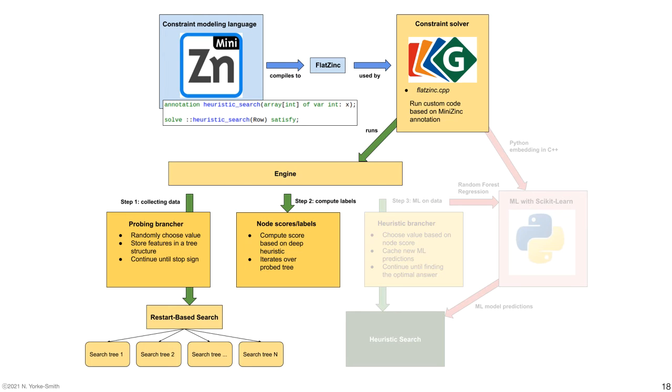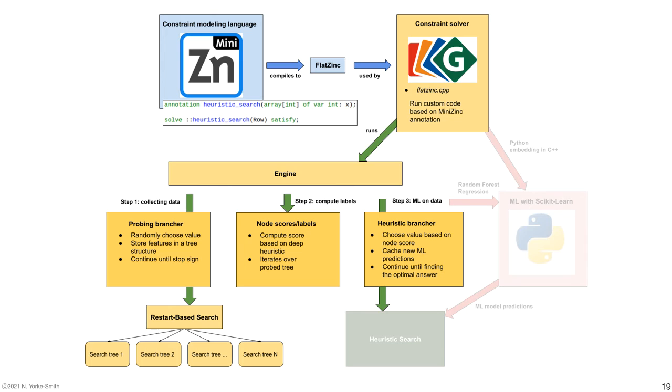Now, how do we do the deepification? Remember, we only know the deep heuristic score over the little bits of the search tree where we've done our probing. We're going to use machine learning in order to generalize what we found into some approximate function.